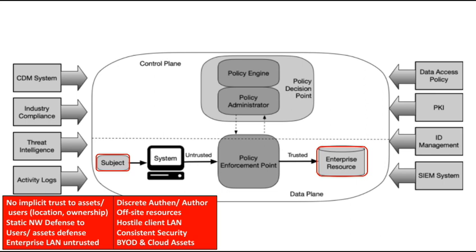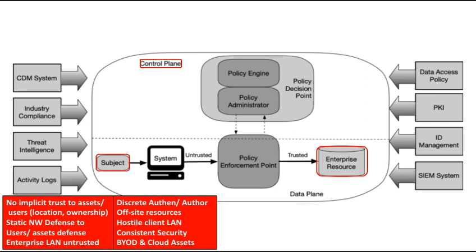The client remote lane is considered hostile, and the security is implemented consistently for all subjects and objects irrespective of their location and their ownership. Moreover, the zero trust architecture also implements security for bring your own devices and cloud assets. So now I will discuss certain components of this zero trust architecture.